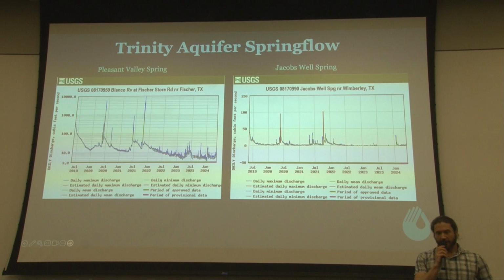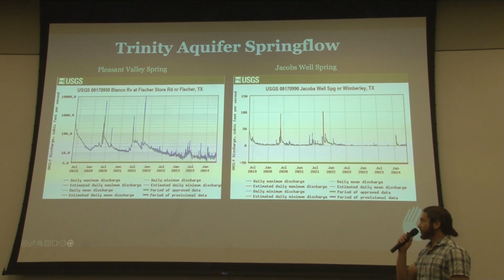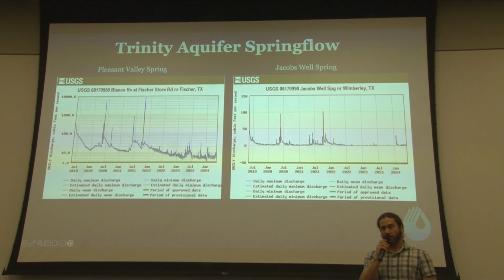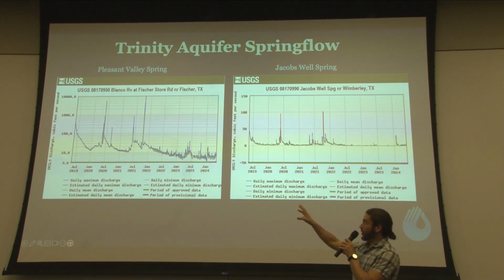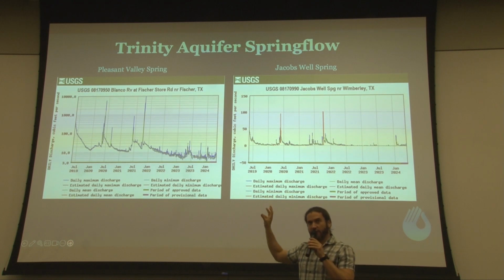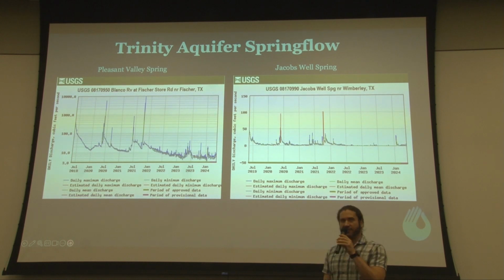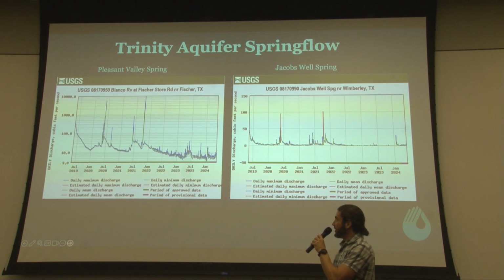Okay, so let's look at spring flow from the Trinity. These are two springs that feed base flow in the Blanco Basin. Not many people know about Pleasant Valley Spring, but it's actually the largest spring by volume in the Trinity, in the Hill Country. It discharges into the Blanco River just upstream of Fisher Store Road.